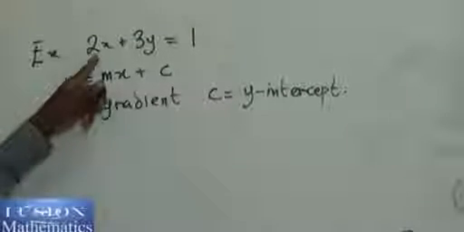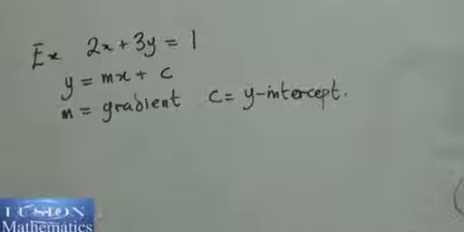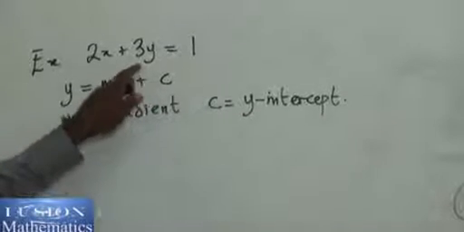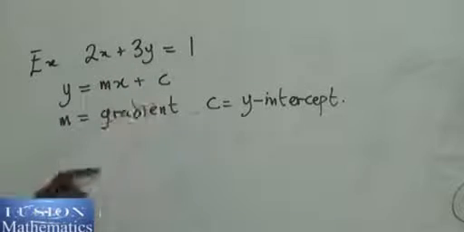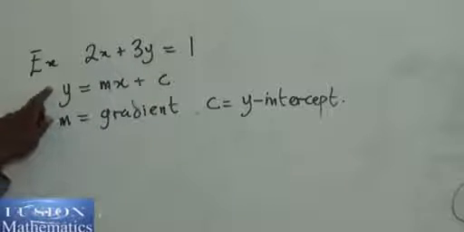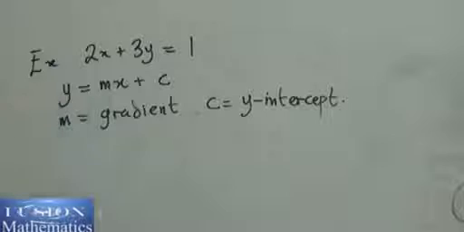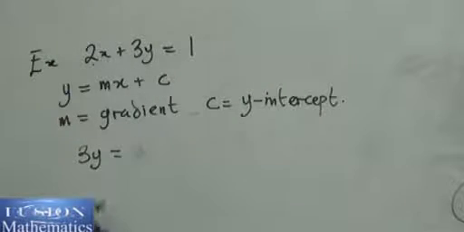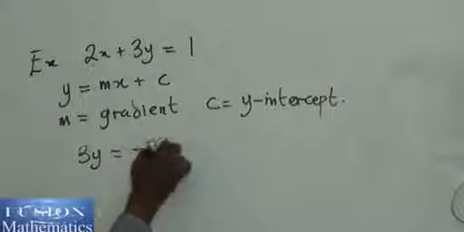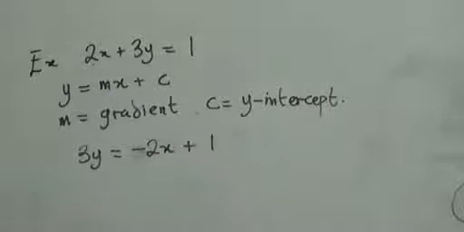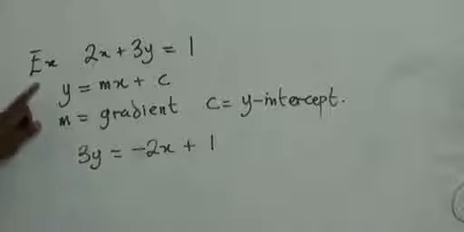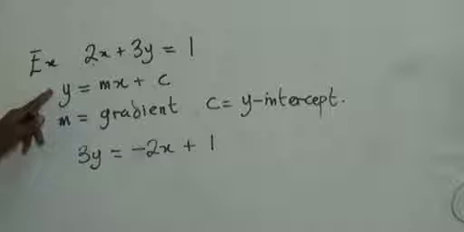Now, for us to solve this question and get the gradient, we have to take this equation and make it look like this. That is, make the y have a coefficient of 1. We take 2x to this side. So we now have 3y equal to minus 2x plus 1. But still, y has a coefficient of 3. So we want it to have a coefficient of 1, like this equation.